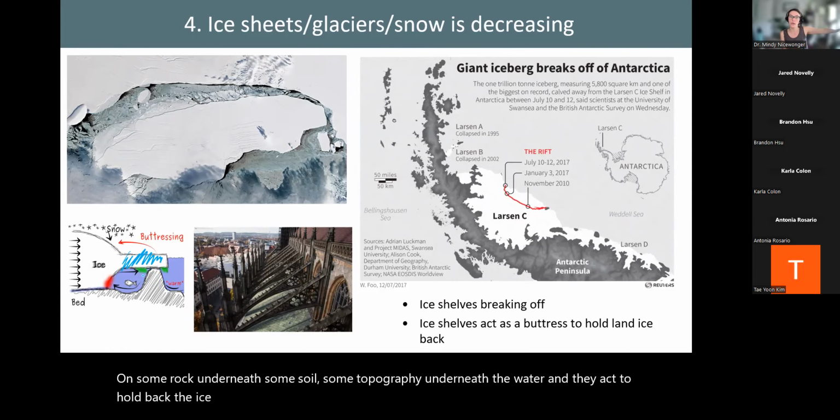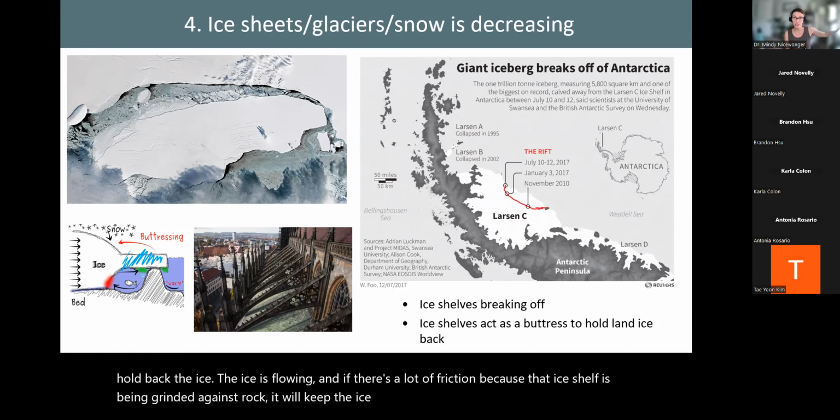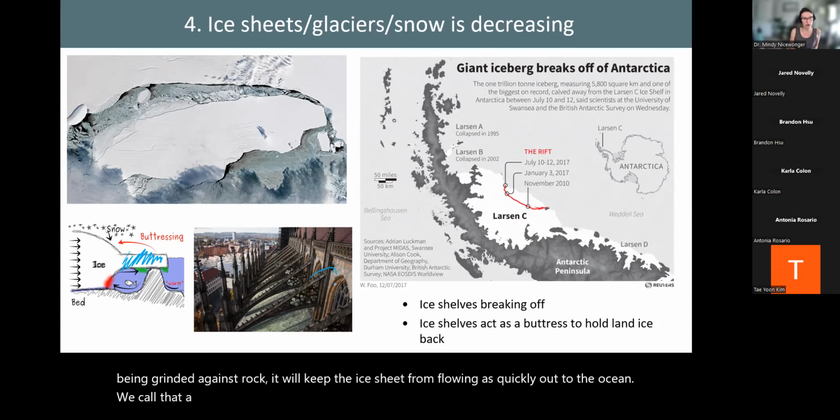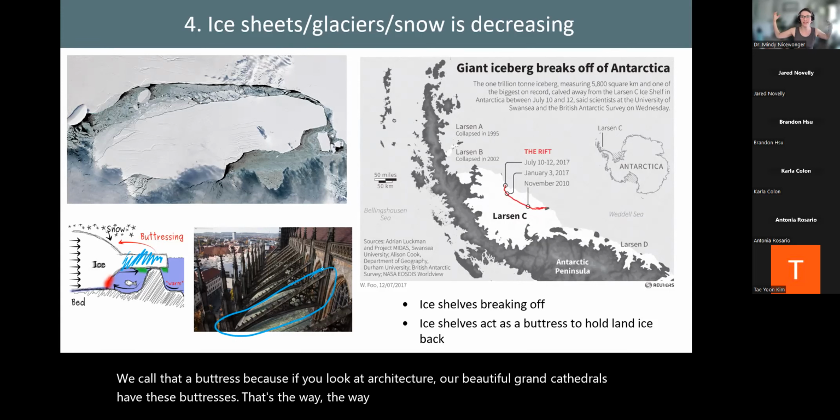The ice is flowing, and if there's a lot of friction because that ice shelf is being ground against rock, it will keep the ice sheet from flowing as quickly out to the ocean. We call that a buttress because in architecture, our beautiful grand cathedrals have these buttresses. That's the way the walls are held up in these cathedrals.